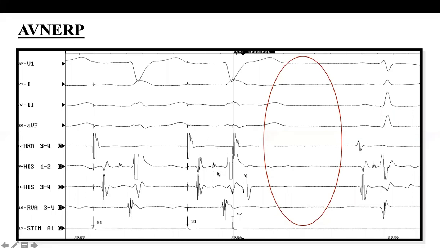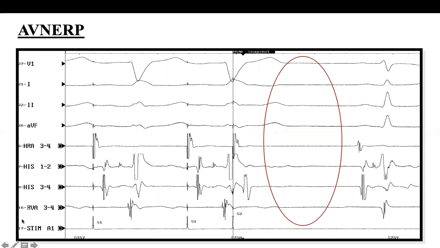What we usually do is a drive train, which is 8 beats, then an extrastimulus. Let us say that this is 600, 600, 600. Then the extrastimulus is, for example, 280, and then 200.